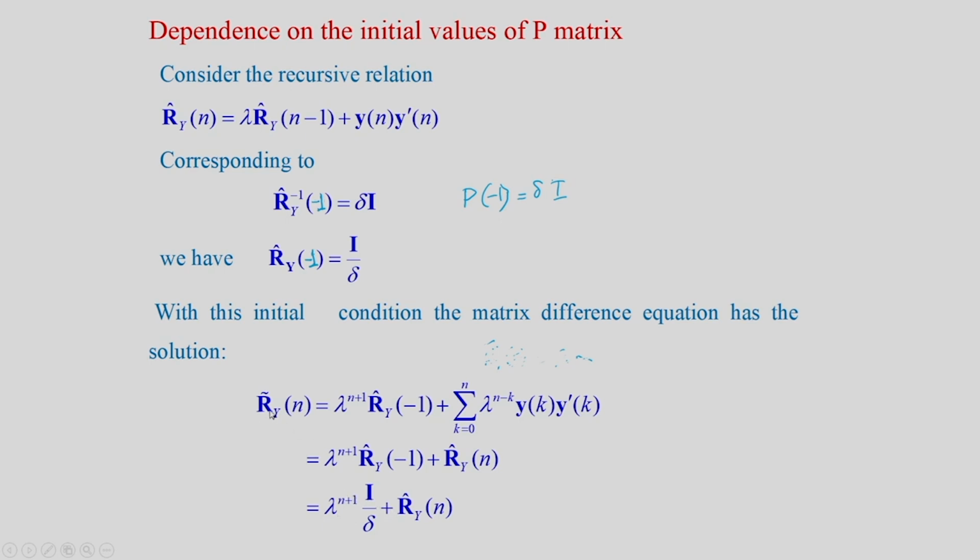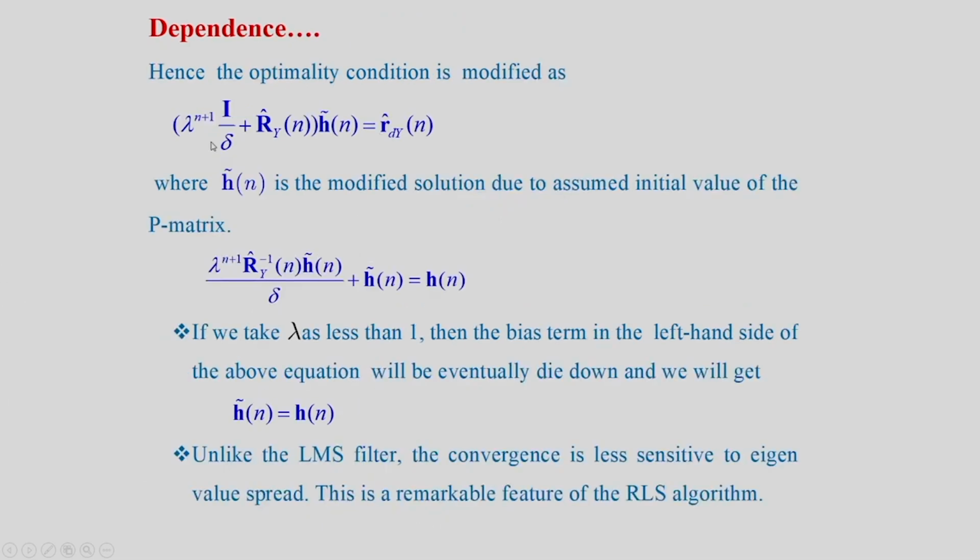Now, our autocorrelation at different instants will be given by the expression lambda to the power n plus 1 into I by delta plus the actual estimate Ry hat n. Hence, the optimality condition of the normal equation is modified to this: lambda to the power n plus 1 into I by delta plus Ry hat n, into H tilde n, must be equal to R dy hat n.